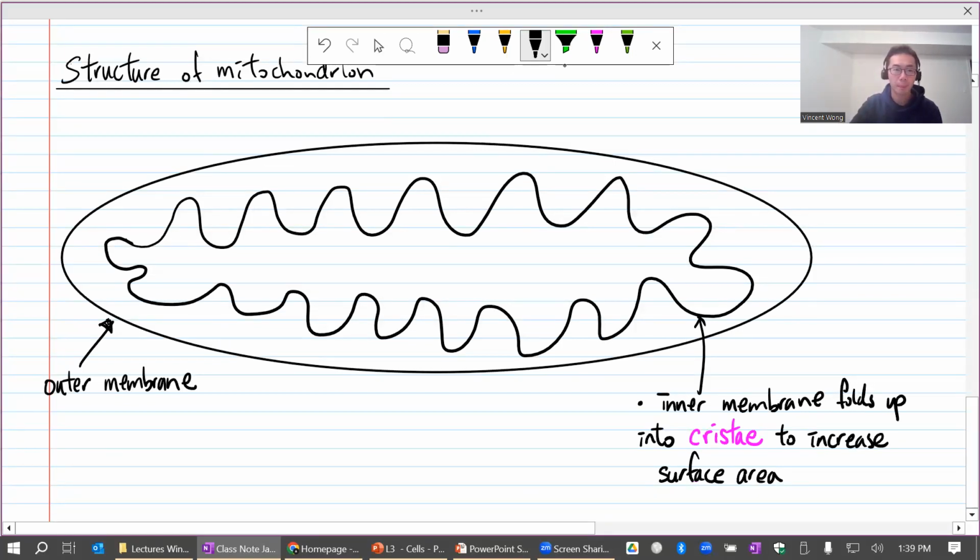Now, the space between the outer membrane and the inner membrane, this gap here, that is called the intermembrane space.